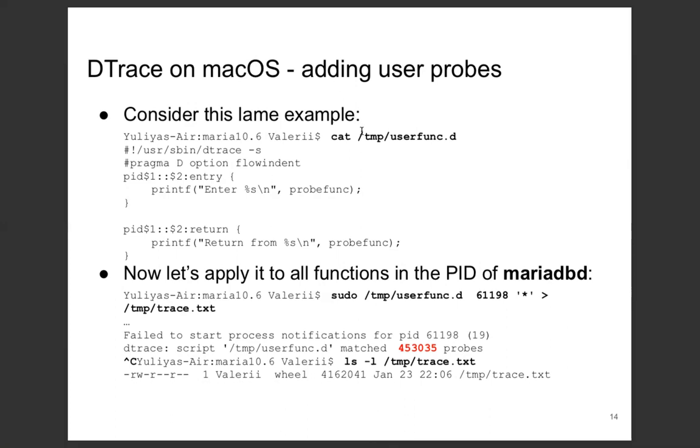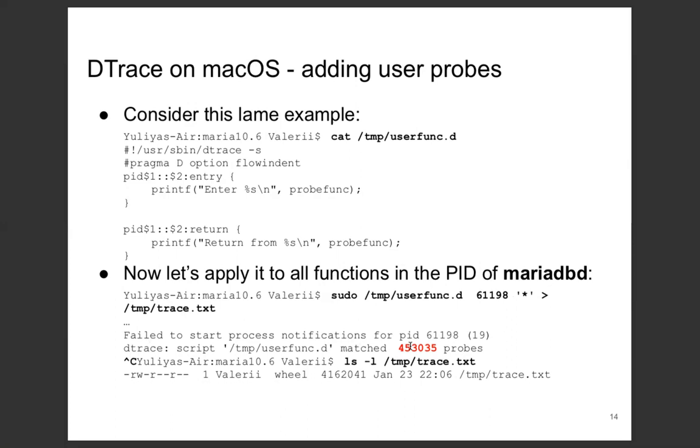So with such a simple program, I decided to trace every function in the process that is actually MariaDB on my macOS, every function because I have a star here, and trace everything while running, I don't remember, probably a simple load, not a sysbench, traced every function, and it worked.